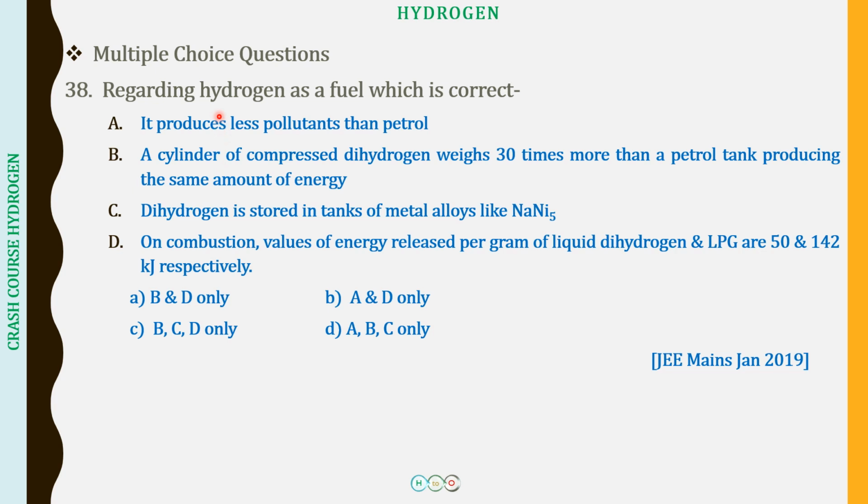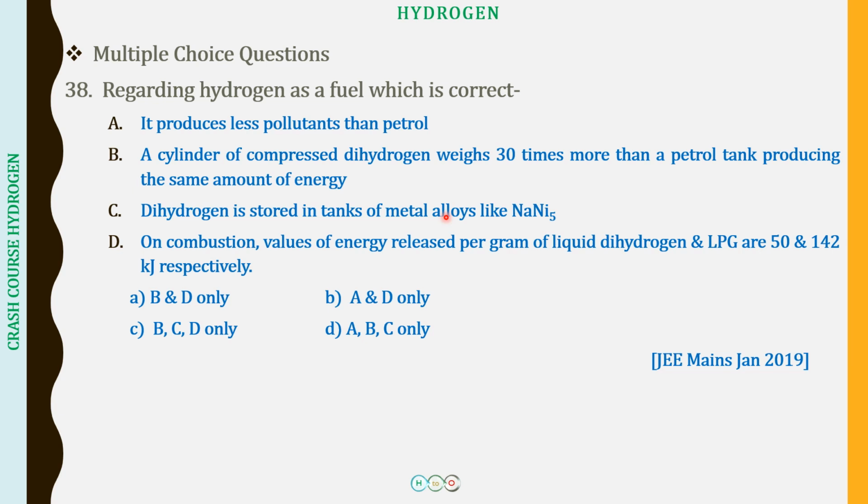So as far as all these choices are now concerned, this is going to be correct choice. It is going to cause less pollution than petrol. This is also correct that it is going to weigh much more, so it is going to be a problem as far as storage and transportation is concerned. It is stored in tanks of metal alloys like sodium nickel alloy. It is stored in titanium hydride alloy, magnesium hydride alloy.